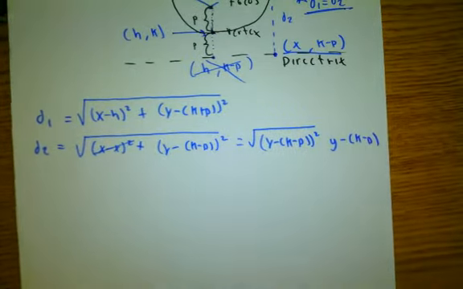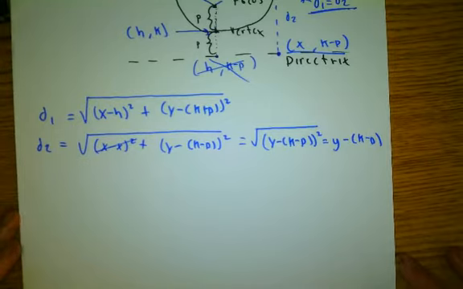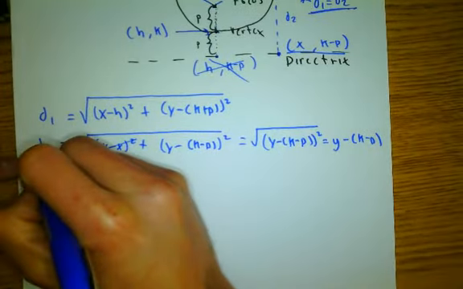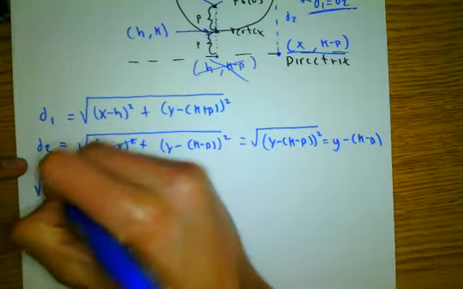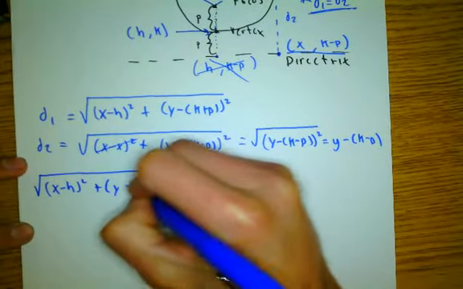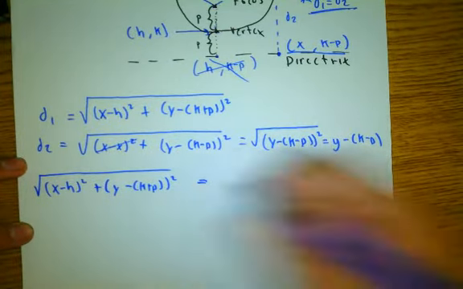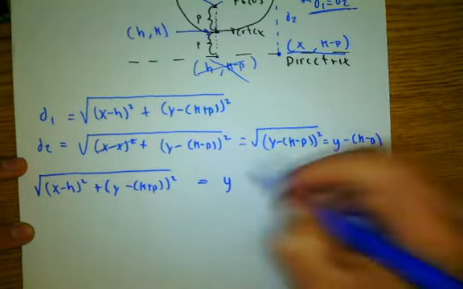Yes? So what I'm going to do is set d1 equal to d2, so what that means is I have this. d1, which is the square root of x minus h squared plus y minus k plus p squared, has got to be equal to d2, which came down to be y minus k minus p. Cool?